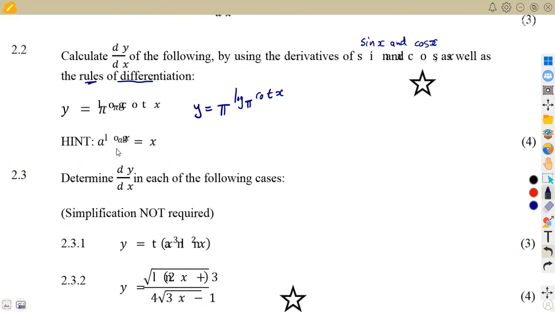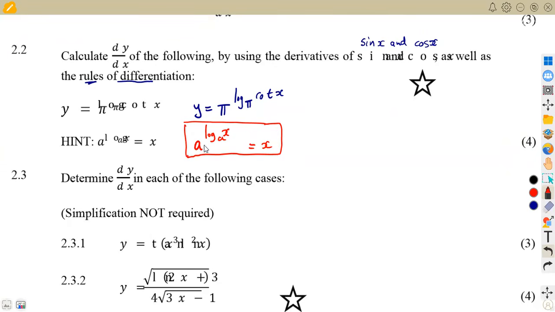And we are given a hint here that, let me write it this way, when a is raised to log of x in base a, the answer is going to be x. So what can we do, guys, in order to find the derivative of the question that you're given? I want us to check the hint that we're given. You're supposed to know these from your logarithms.